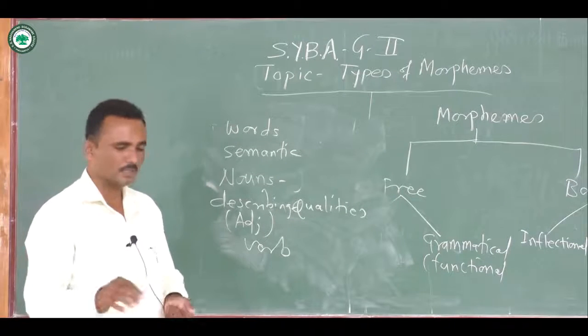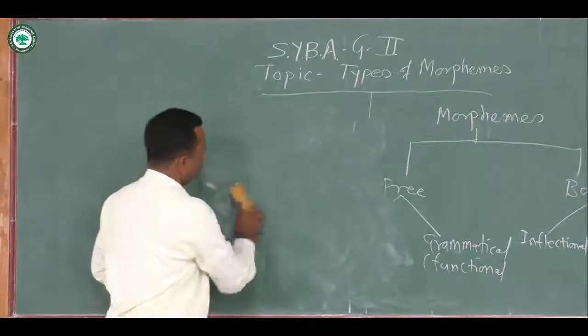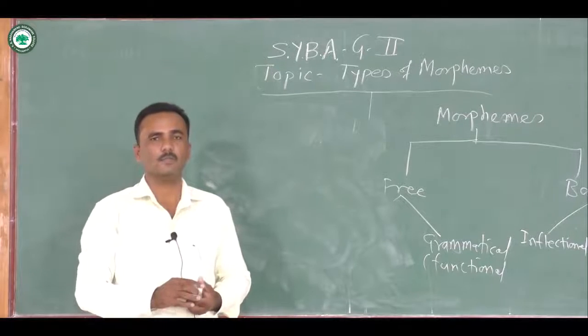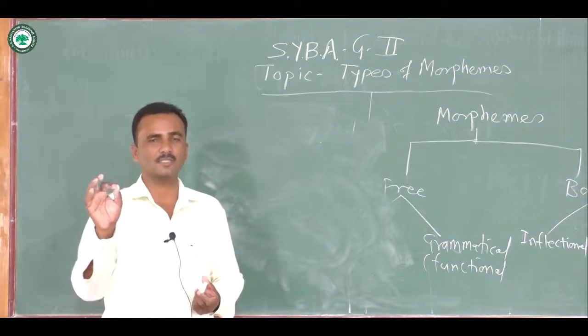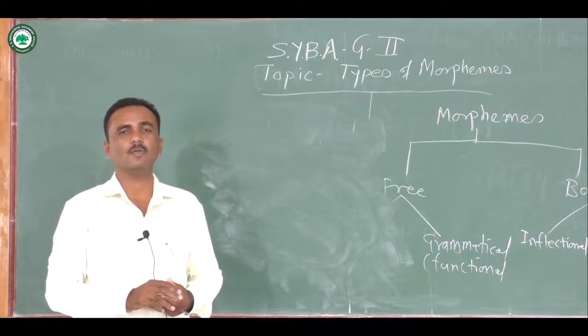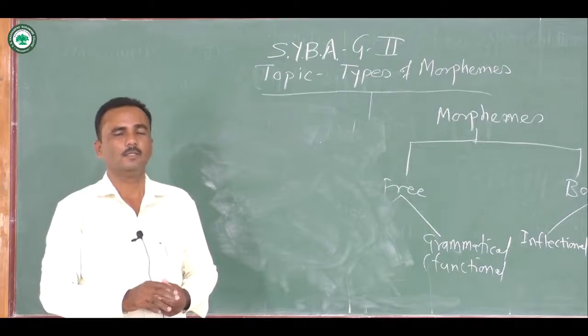Then there are certain things which are also important in the lexicon of a language, that is English. They are called a closed class because no more addition is possible. No more words are added into that class.